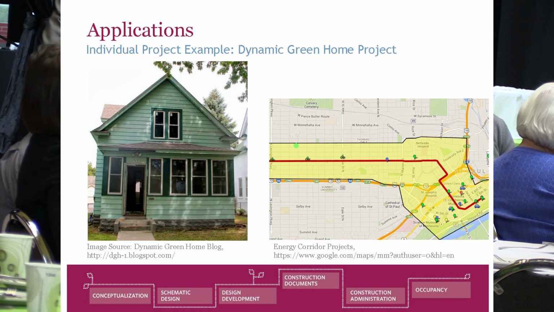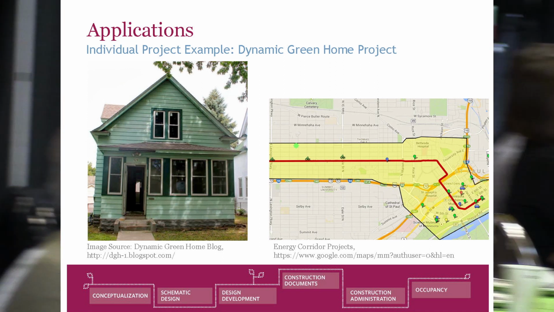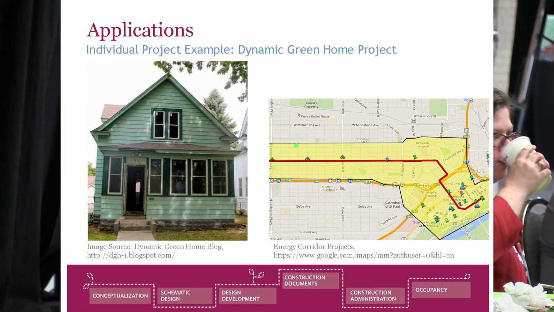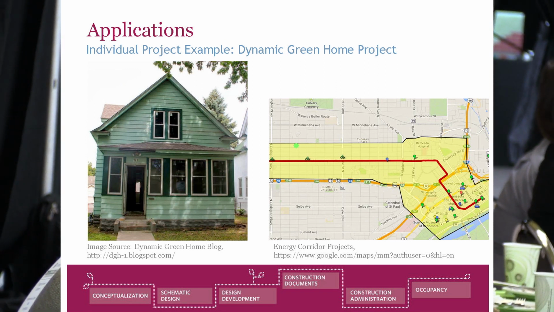Okay, so let's get started with the conceptualization and visioning phase of the project delivery process. This is the phase that's really the ideal time to perform a contextual health data analysis because your project is still wide open. In some cases, you haven't even chosen your site yet.